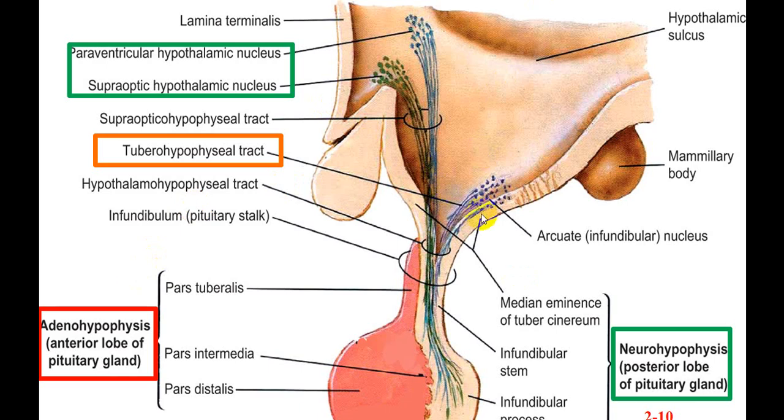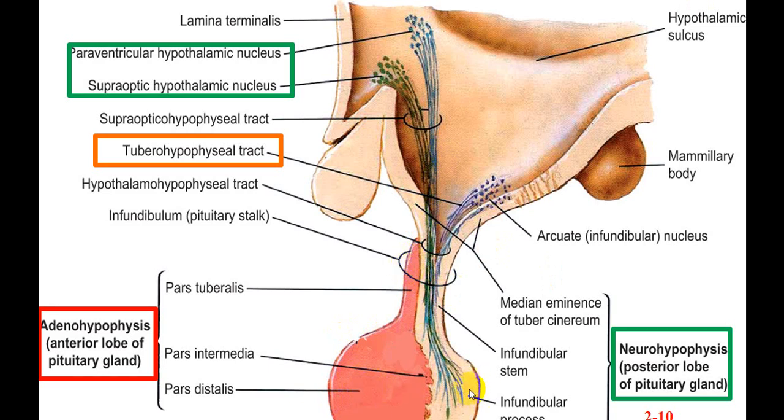Now this particular part is connecting the hypothalamus to the neurohypophysis. That's why it is called the hypothalamo-hypophyseal tract, which is present in the infundibulum part of the neurohypophysis, or we call it the pituitary stalk or neural stalk, while the anterior pituitary is not in connection with the hypothalamus. It has pars tuberalis and pars distalis.